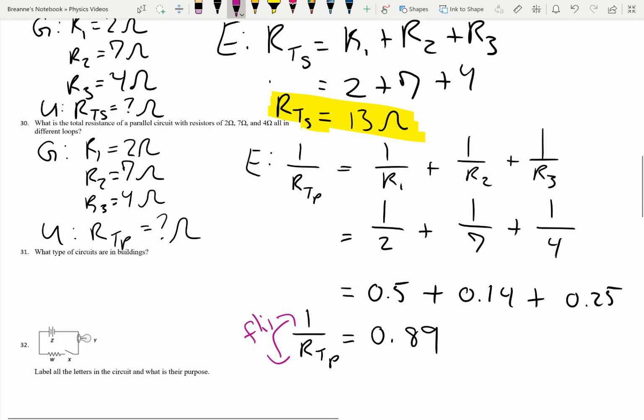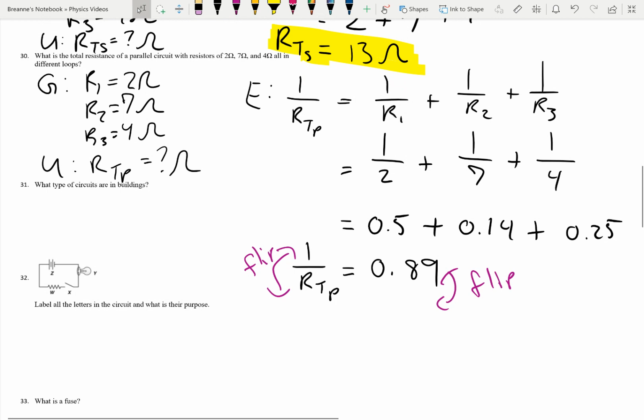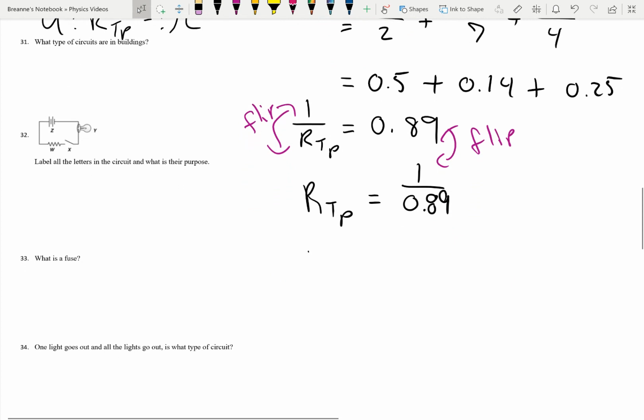And what we do to one side, we have to do to the other. So if we flip it, we get our total resistance for parallel to be 1 over 0.89. We plug that into our handy dandy calculator, and you get 1.12 ohms.